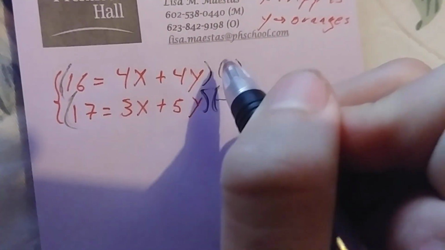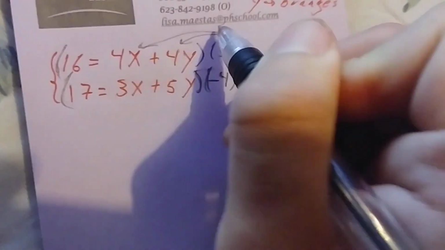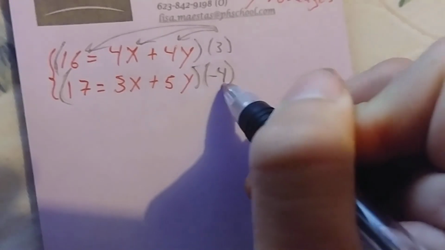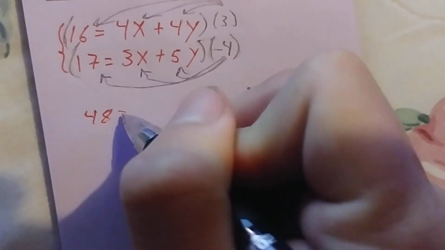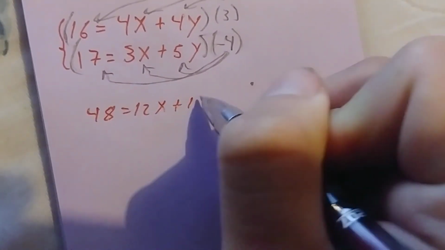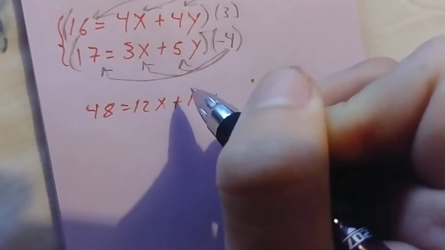So remember that the 3, I'm going to multiply it to every single value in my first equation. And the -4, I'm going to multiply it to every single value on the second equation. So I'm going to get 2 new equations that look like this. So 3 times 16, that is 48, equals 12x plus 12y.